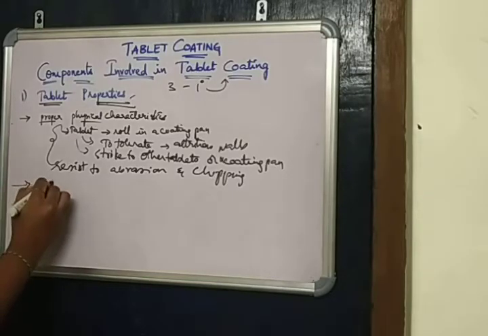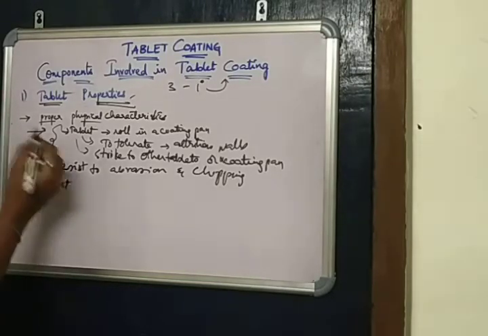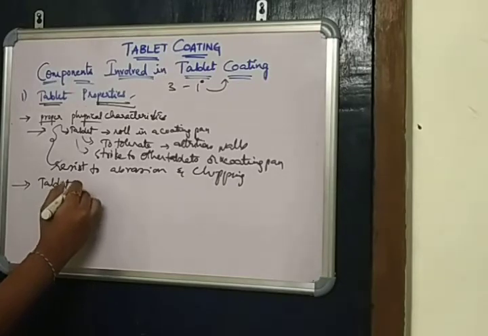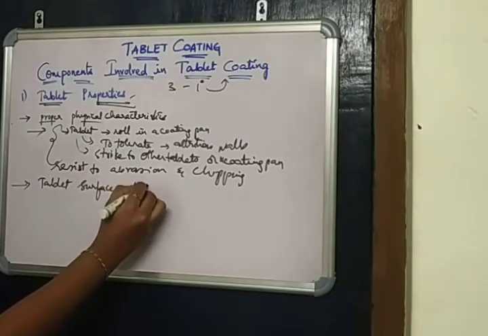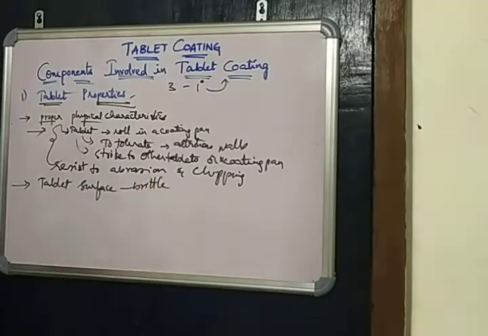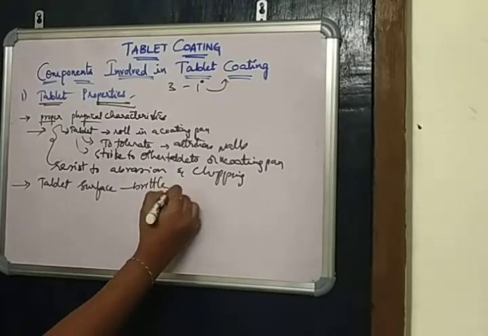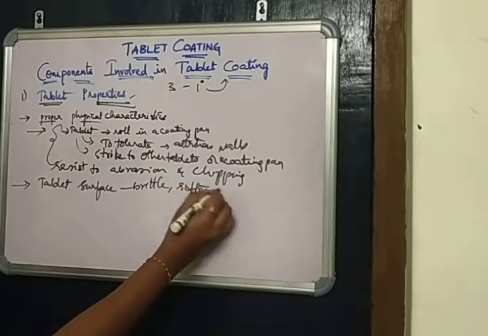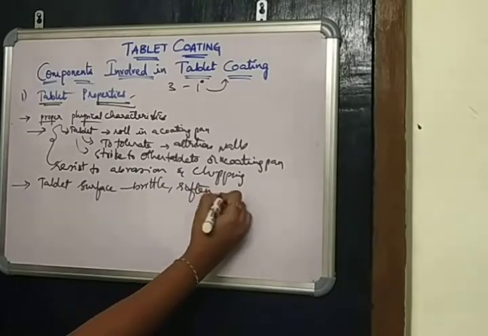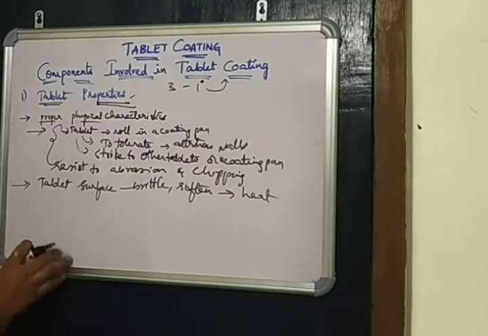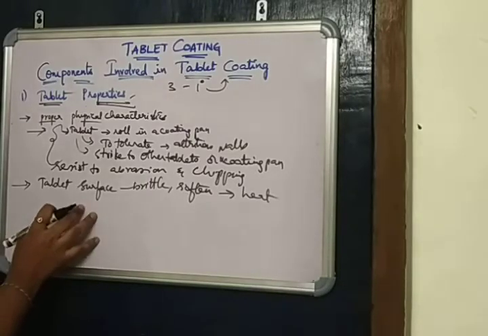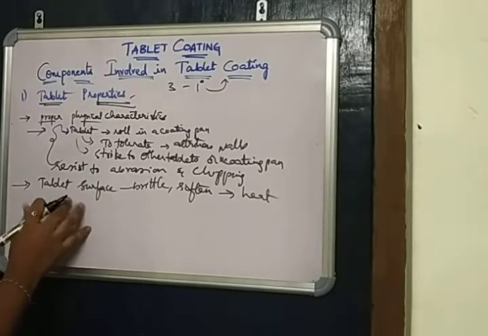The second property is that tablet surfaces may be brittle or soften in the presence of heat, or be affected by the coating composition during the early phases of the coating process.